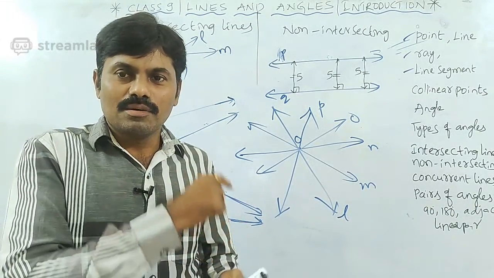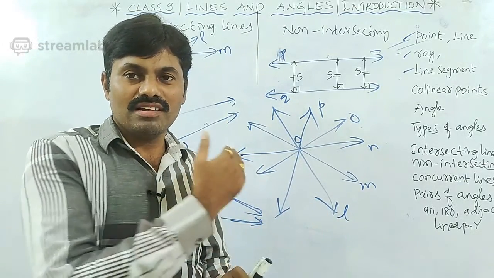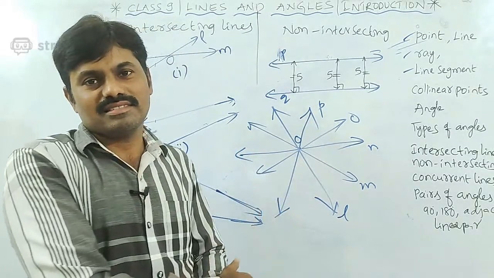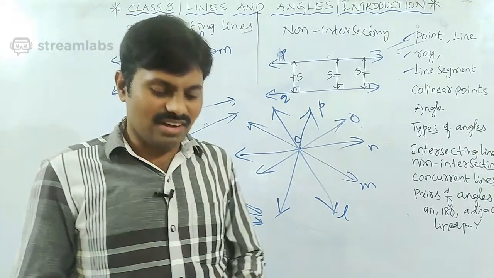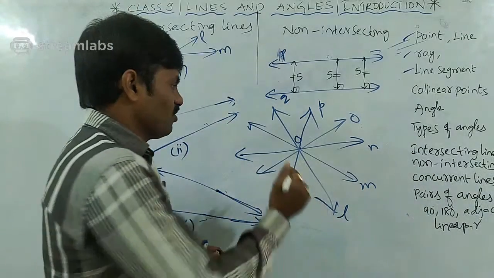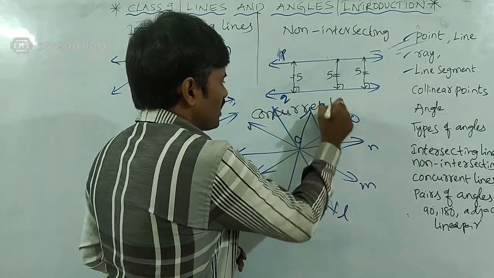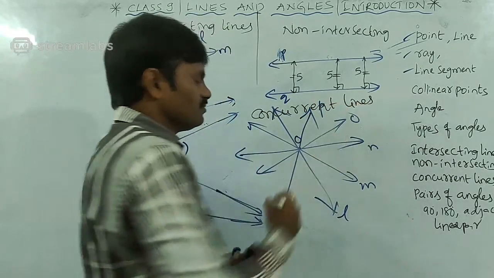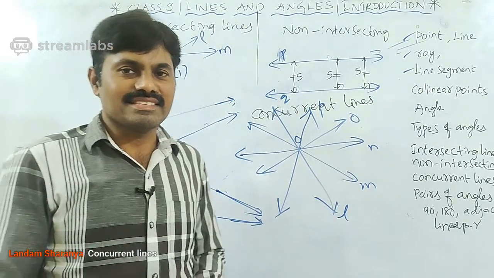Now many lines passing through a single point, we call such type of lines concurrent lines. Concurrent lines.